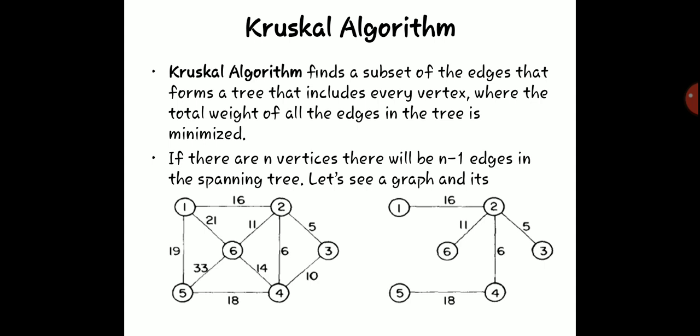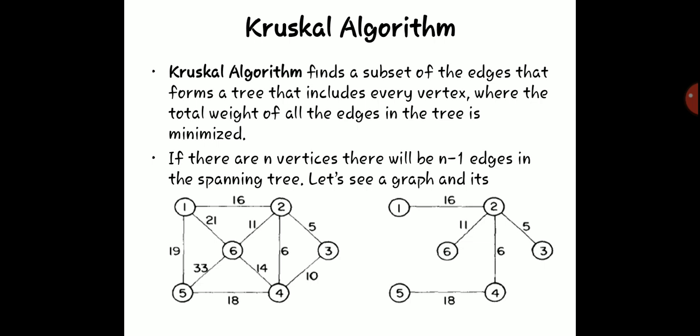Now go to the next edge, which is of course 11, that connects 2 and 6. So that is the third edge. And next it is 14, the edge of cost 14, that connects 4 and 6. Can that be taken?